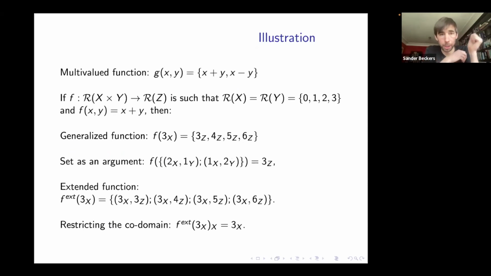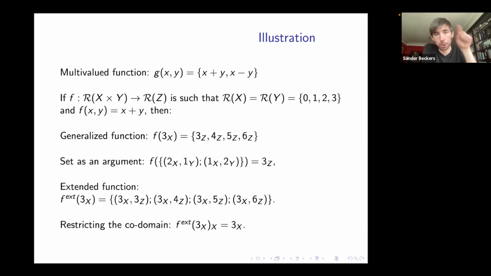Imagine that we have a function f which takes values for x, y and maps them to z, and the ranges of x and y are simply 0, 1, 2, and 3, and the function is simply the sum. What does it mean to then interpret the generalized function where we only consider a value for x?